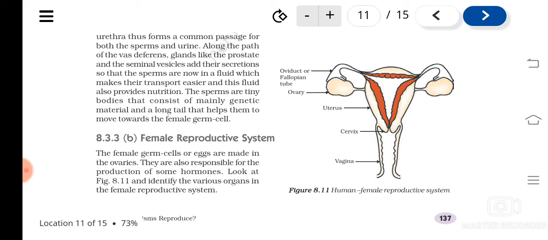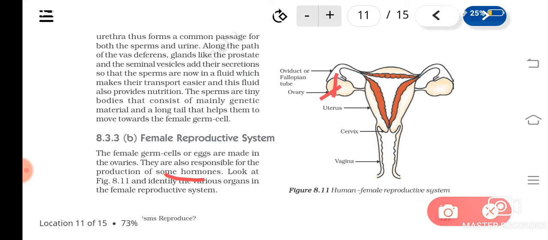Eggs or female gametes are produced inside the ovary, and they are also helpful in the production of hormones. So I told you the ovum or egg is produced inside it, and it will be collected by the fallopian tube. Understood? The fallopian tube's function is that fertilization occurs here only.